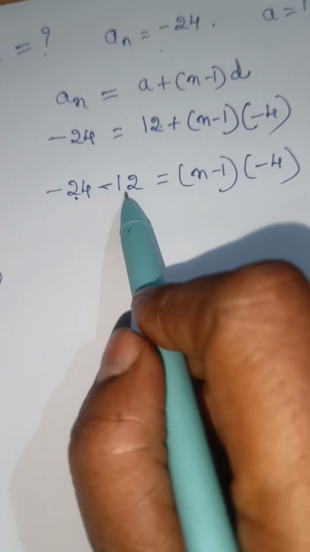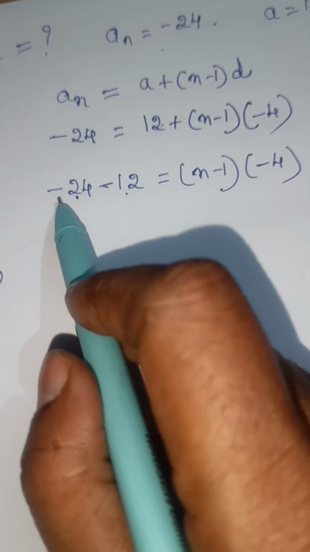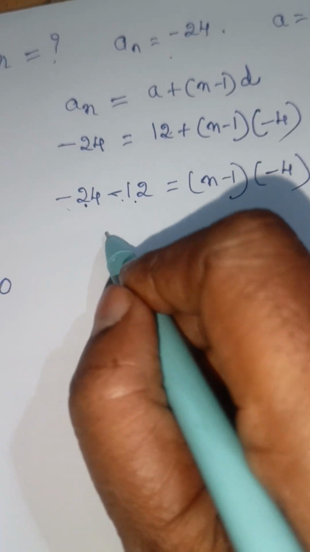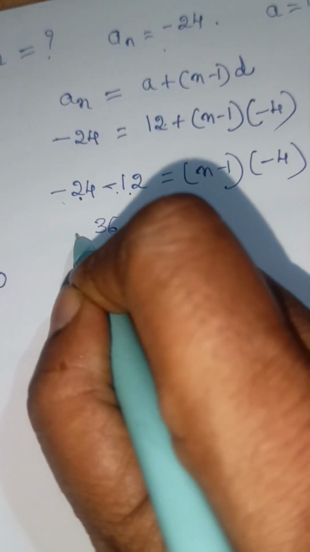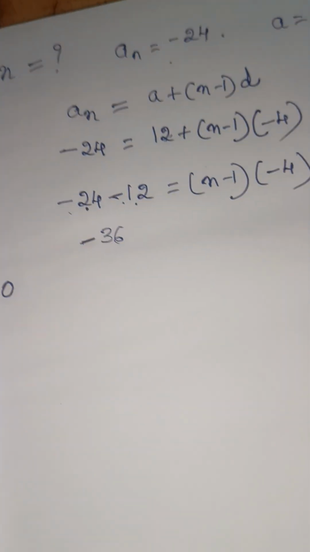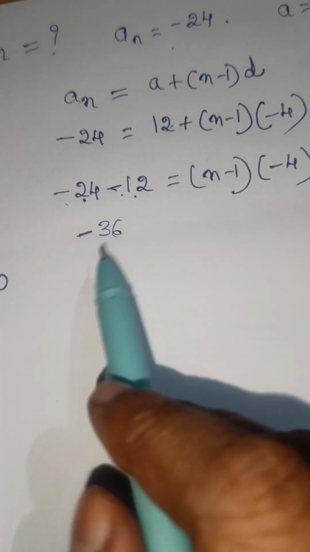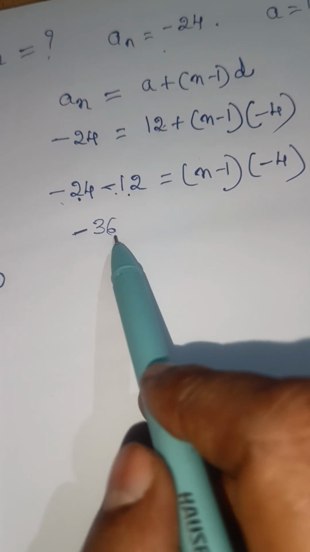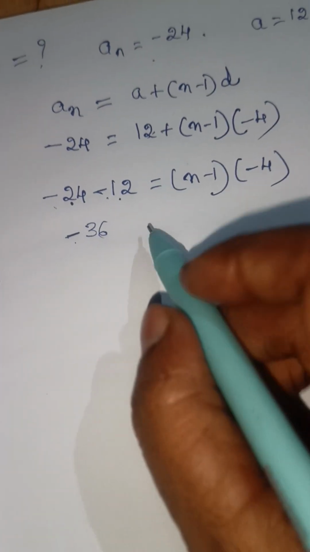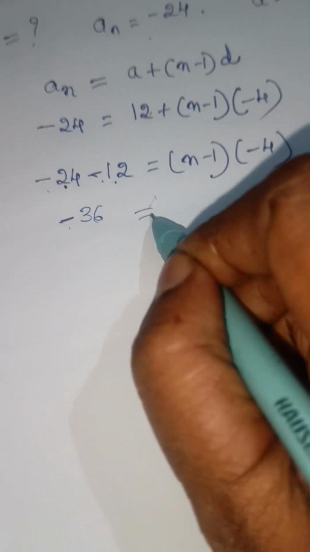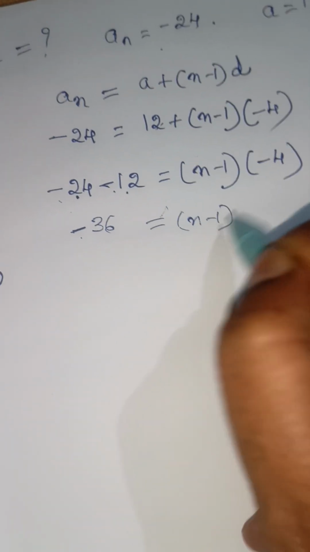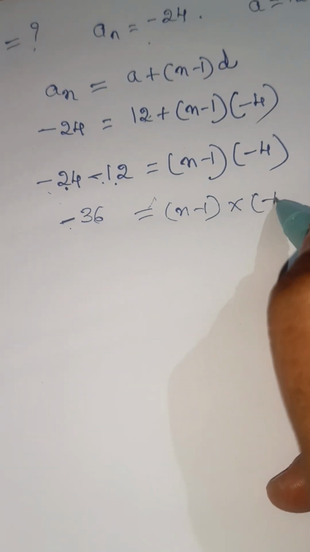So minus 24 and minus 12, when signs are same, you have to add the numbers and the sign will be minus itself. Okay, when you have the same signs, add the numbers and the sign will be the same sign, minus 36 is equal to n minus 1 into minus 4.